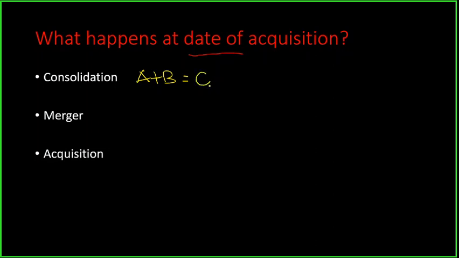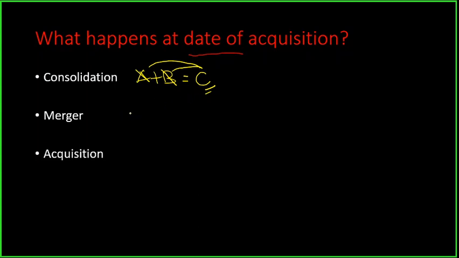What happens here is that we close their books at the date of acquisition, and all their assets and liabilities are now transferred in the books of this newly created entity, and that is Corporation C. So at the date of acquisition, the financial statements prepared by this entity is already considered as your consolidated financial statements, or it's already the final financial statements. No need to go through the process of consolidation.